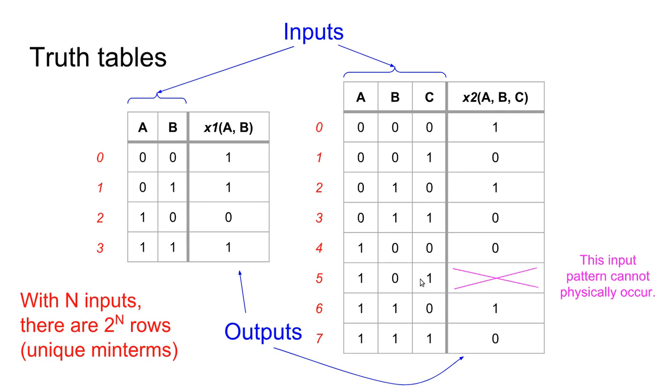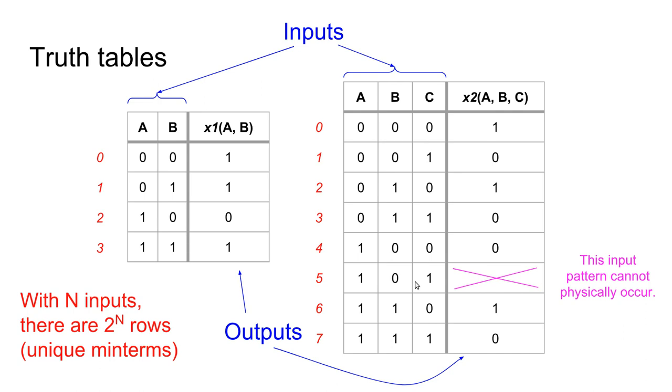And so we don't actually have an output for this function under that input pattern. And it may be because there is something exclusive about those different conditions. But whatever it is, it means that we should never expect A to be a 1 while B is a 0 and C is also a 1.